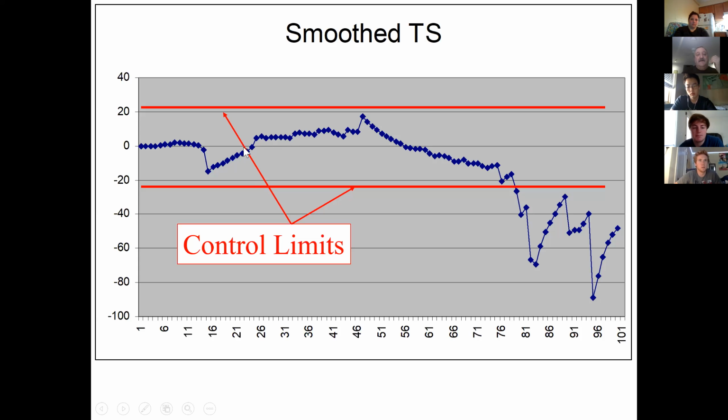As long as the tracking signal stays inside of these limits, we're going to leave alpha alone at a fairly small value with lots of averaging. But if we observe the tracking signal leaving these limits, that's telling us that something's happened in our time series, and we should switch to a bigger value of alpha. So you can adaptively change how much smoothing, how much averaging you do in your time series.